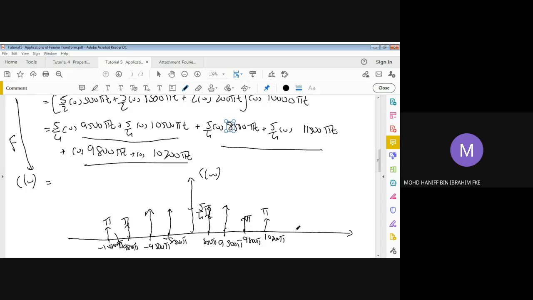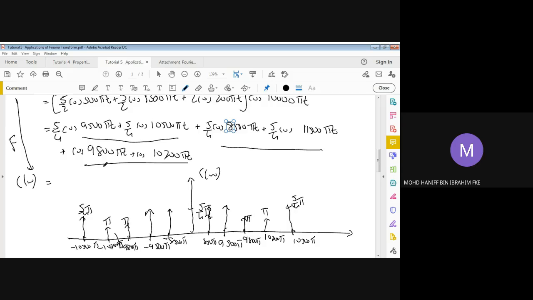Then we have 10,500 pi, sorry, not up to scale, with the amplitude of 5 over 4 pi. And here we also have negative 10,500 pi, with 5 over 4 pi amplitude.